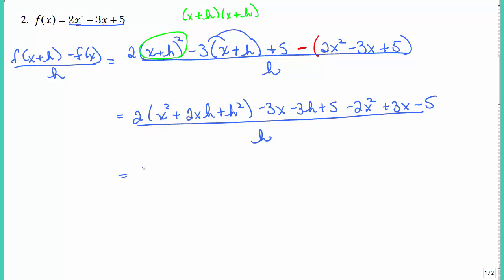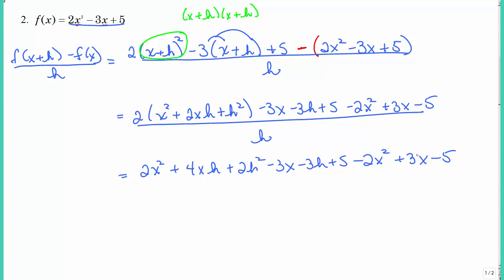Next step is to distribute that 2. And here is where some terms should add to 0. That's 0, 0, 0, and let's see what I've got left.